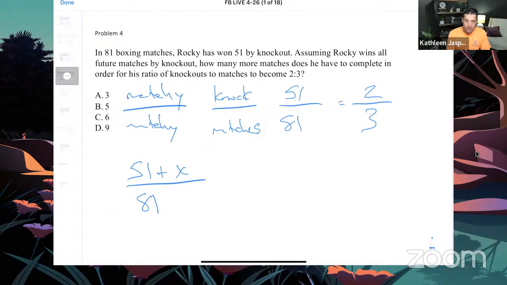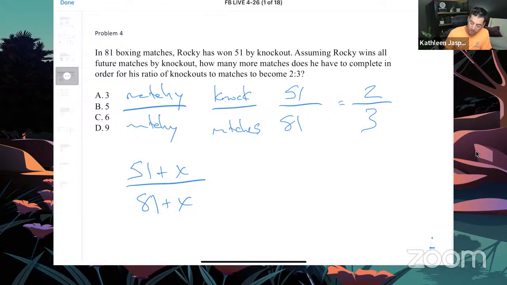For every new match, if I get a knockout, I have to go another match. If I already did 81, the next one would be 82, but that would also be the same amount that I got knockouts for. Does that make sense? So you have to add the variable on the top and the bottom to keep it consistent. You can't just have a knockout but not fight in the match.